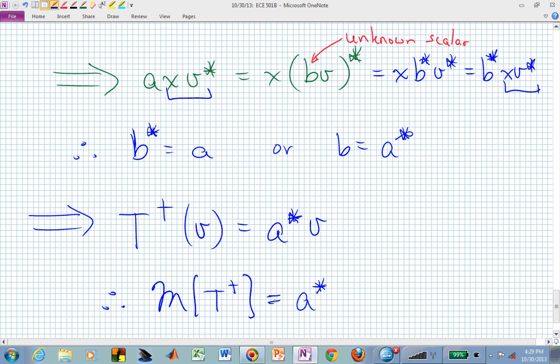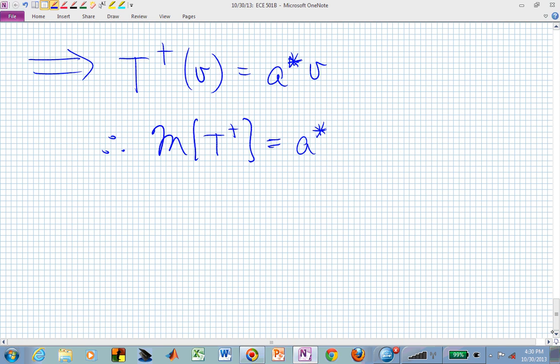That's A star. That's the complex conjugate of the original linear map's matrix representation, which was A. A star is a 1-by-1 matrix. We said T as a map was just A. Its adjoint now is its complex conjugate. We derived that from the definition of the adjoint. That was our inner product. That allowed us to get to this point.